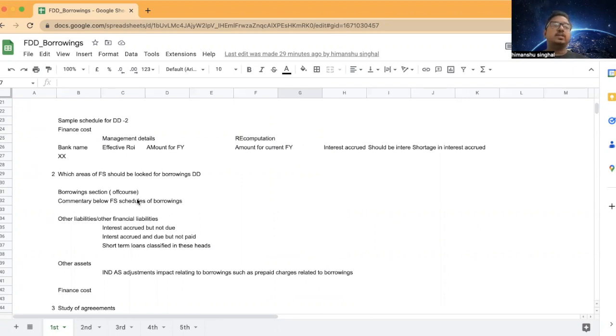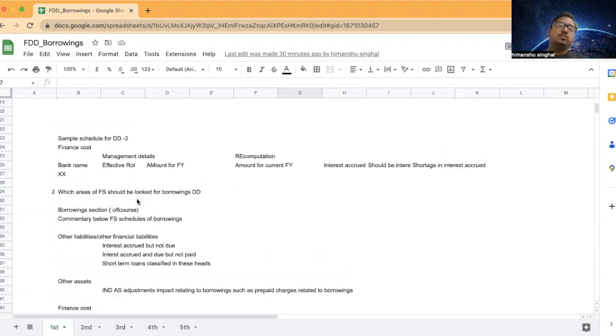In there, you will find items such as interest accrued but not due, interest accrued and due but not paid, and short-term loans classified in these heads. Then other assets, like Ind AS adjustments, may impact borrowings, such as prepaid charges relating to borrowings. Then you need to see the finance cost as well. This whole bouquet will comprise your diligence of borrowing.